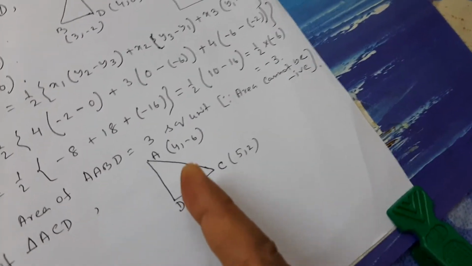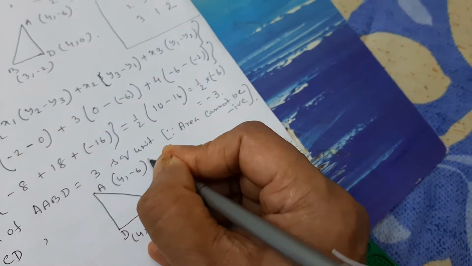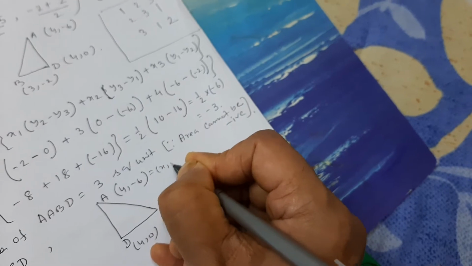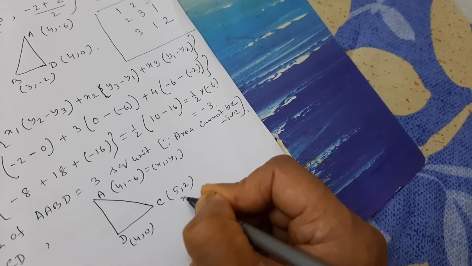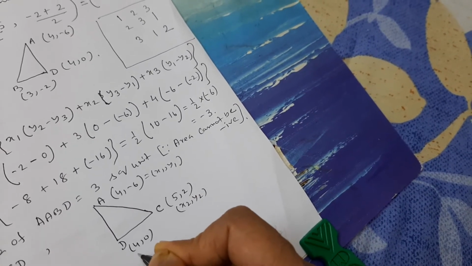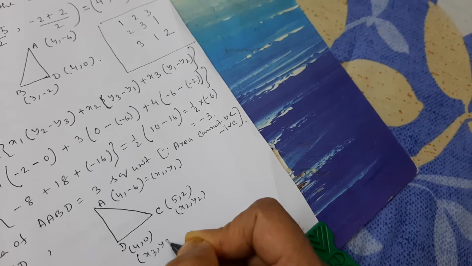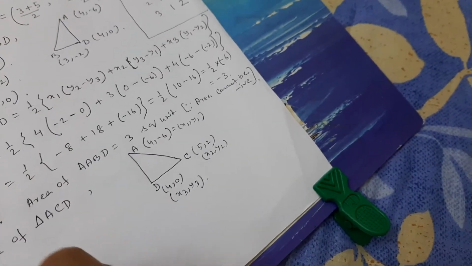That means A point is x1, y1, C point is x2, y2, and this point D (4, 0) is x3, y3. These 3 points. Now area, use the same formula.